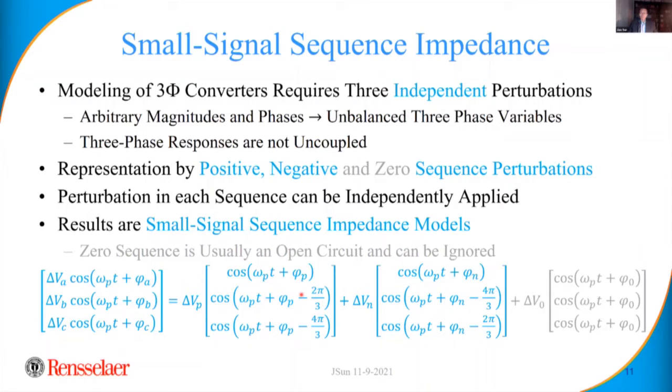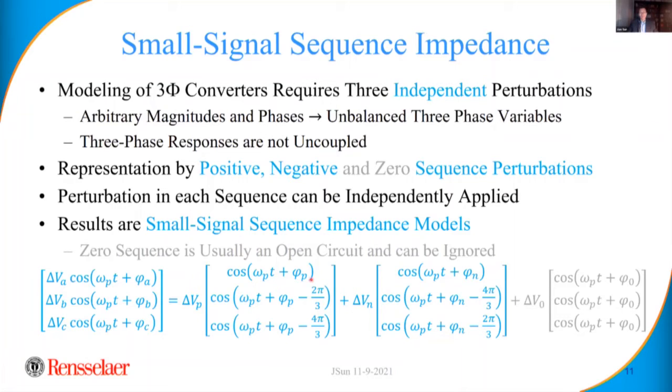And because we are interested in small signal analysis, in the small signal sense, whether you apply the positive and negative sequence perturbation at the same time, or separately and determine the response one at a time and superimpose the responses on top of each other, it doesn't really matter because we are interested in small signal response.